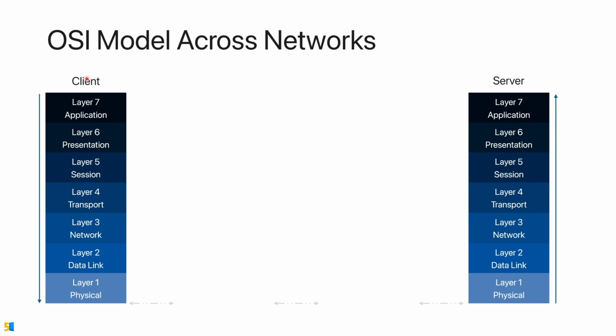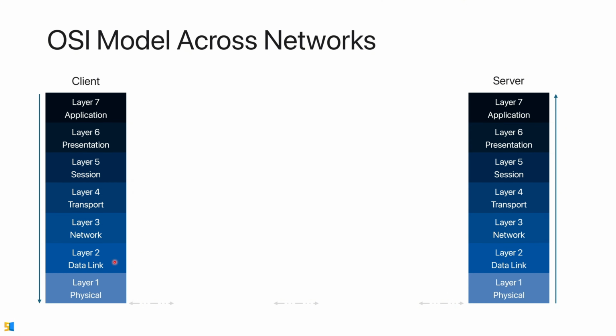So here we have a client and a server. The application sends the request, and the request will be serialized and then encrypted. It checks whether there is already a session or not. And then the data will be broken into segments, and we assign a destination and source port. In the network layer, it will be converted into IP packets, and each packet will have source and destination IP.